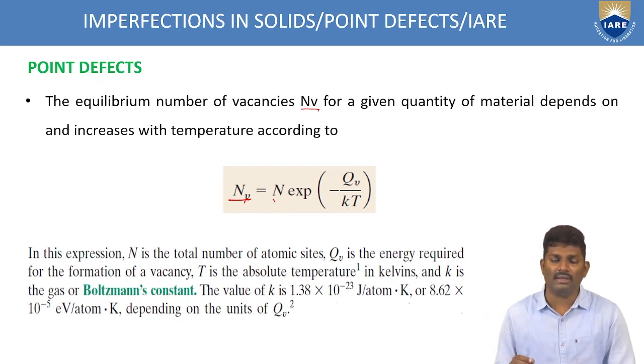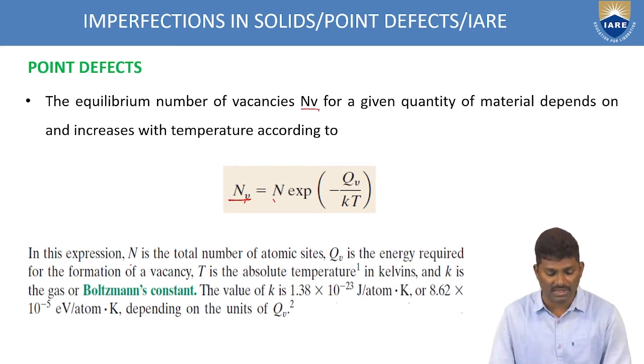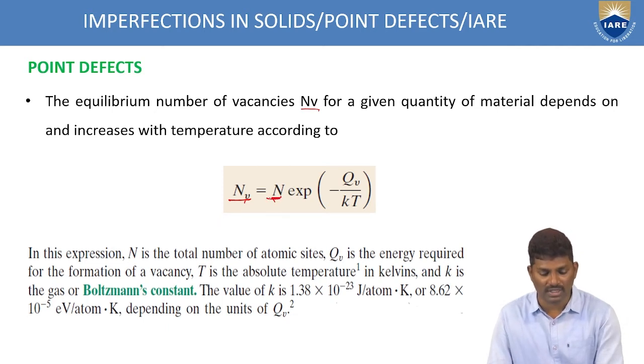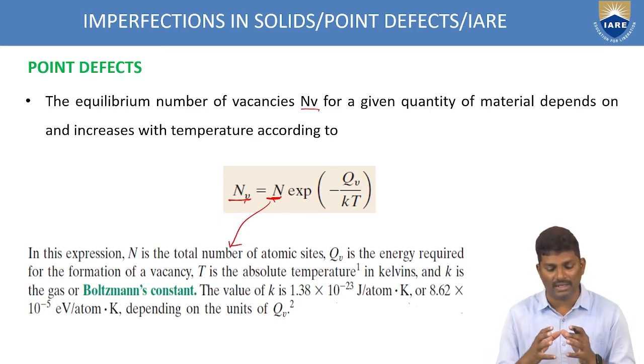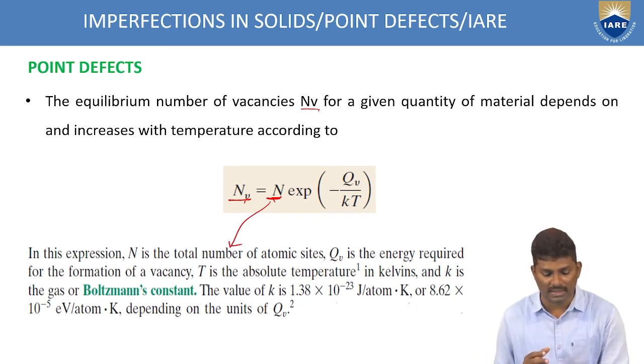So what are NV, N, Q, K and T here? N is the total number of atoms in the site. So this N refers to the total number of atoms inside.